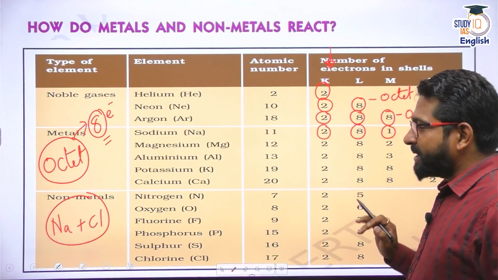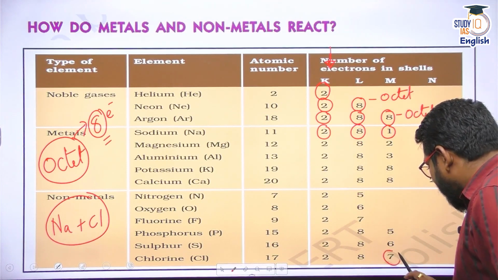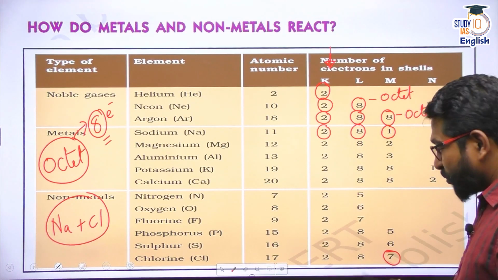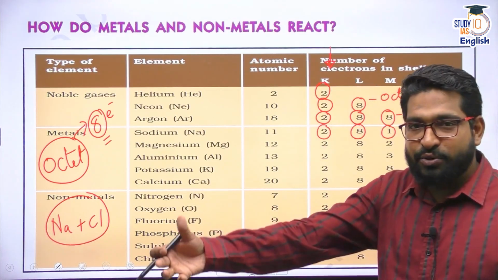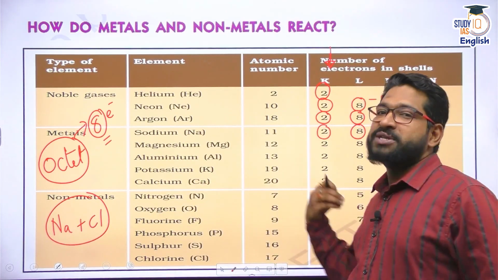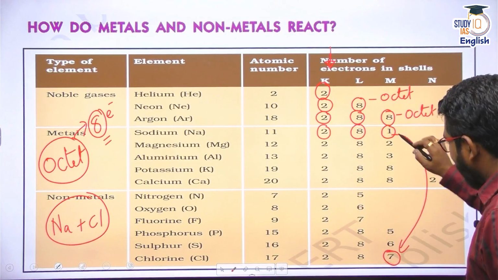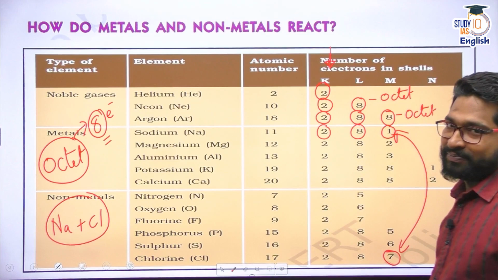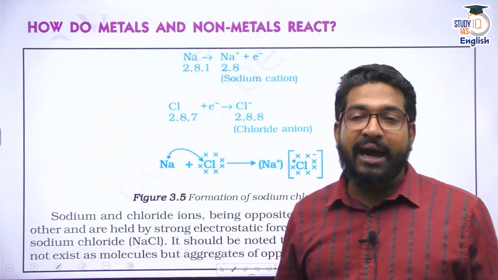So which is the candidate which has 7 electrons in its outermost shell? For chlorine, what would be a better probability: losing 7 electrons or accepting 1 electron to achieve that octet? That is why you see a reaction between sodium and chlorine, and in their ionized form, we get ionic compounds.